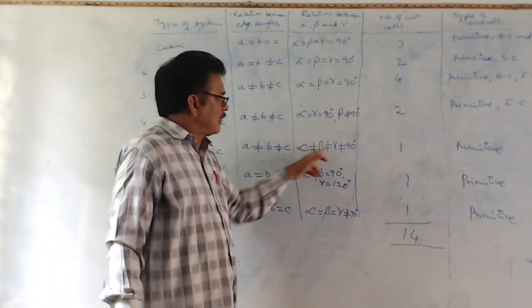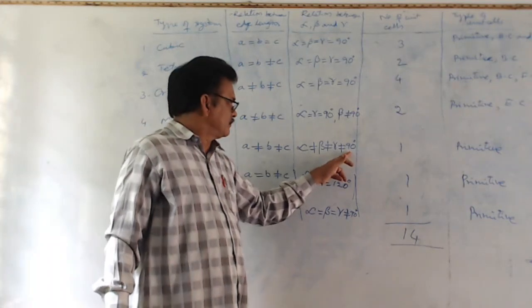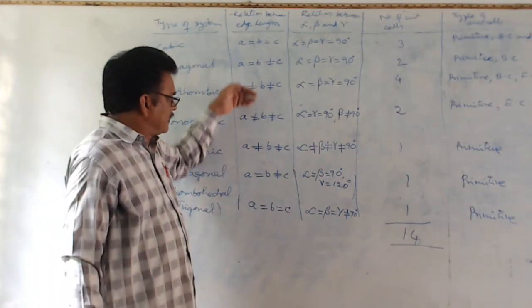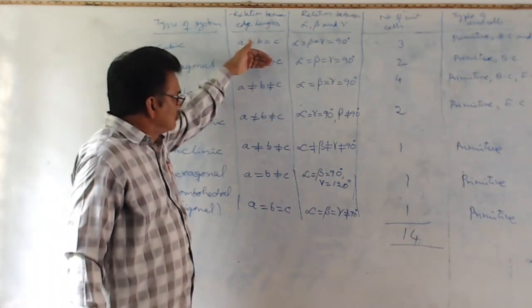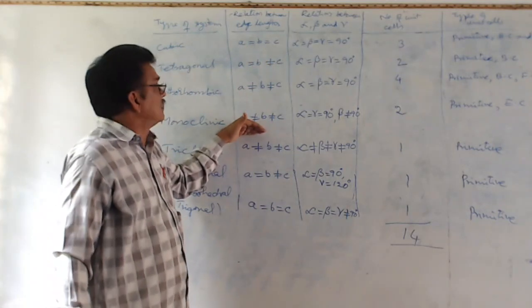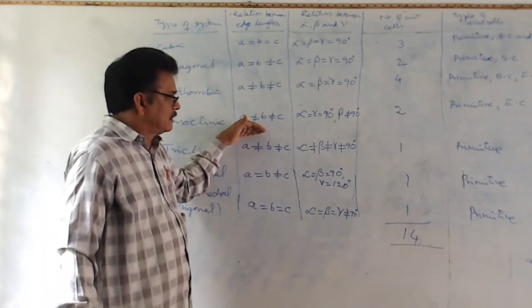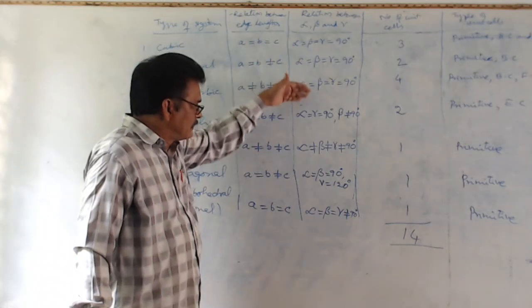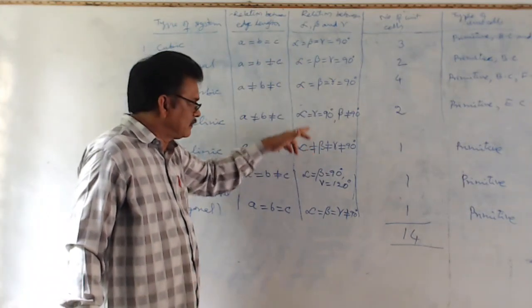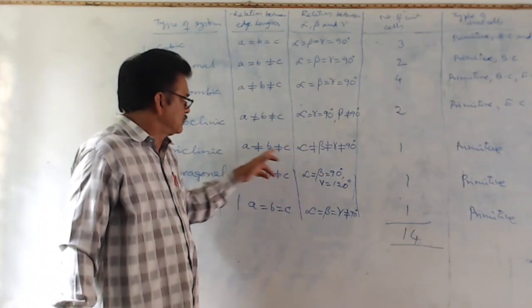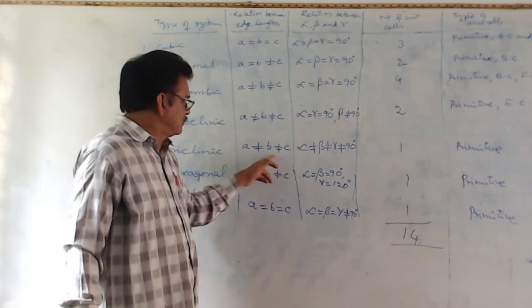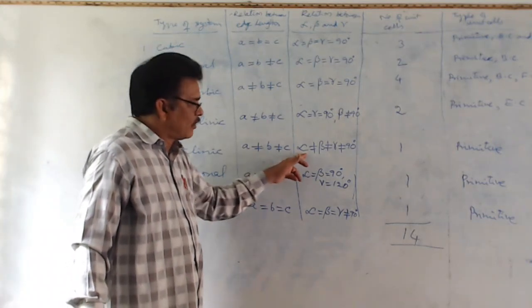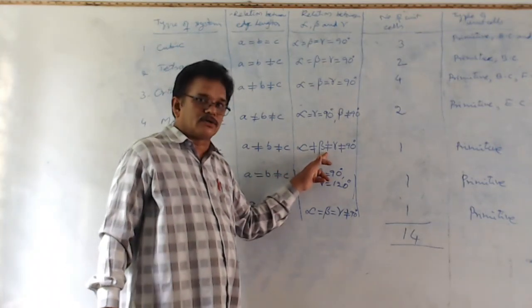Here all are not equal to 90 degrees. Okay. So we are making equal to unequal first in the edge lengths, and we are making equal to unequal next in the face angles. Okay. Here 3 edge lengths are not equal. Interfacial angles are also not equal.